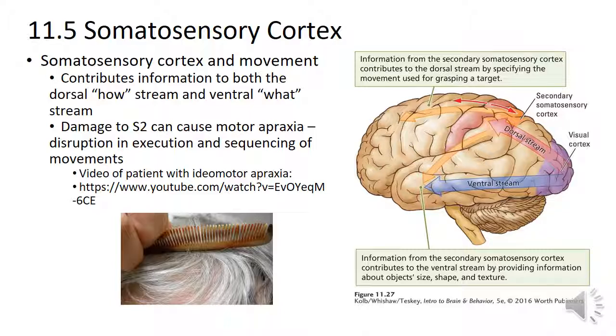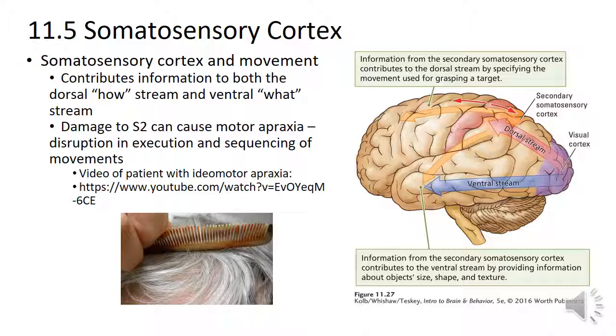Damage to S2, the secondary somatosensory cortex, can cause what's called motor apraxia, and there are many different types of motor apraxia, but in general it is a disruption in the execution and sequencing of different types of movements. You can see a video, if you like, of somebody with ideomotor apraxia, which is an inability to imagine movements, to do motor imagery, to mimic movements.